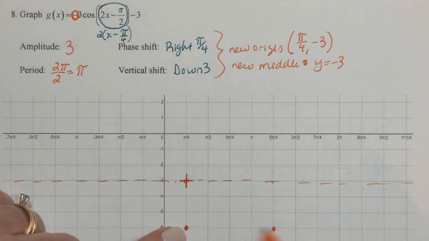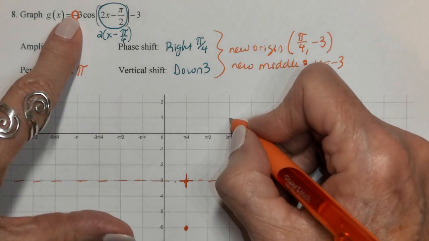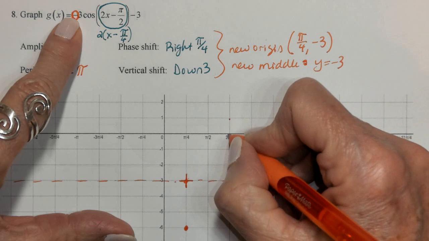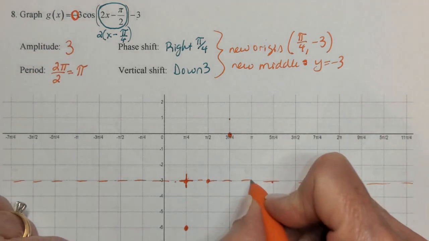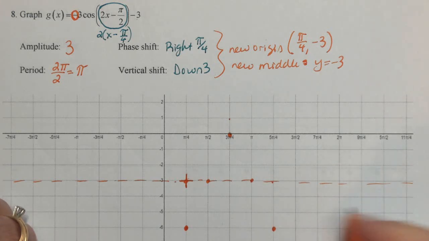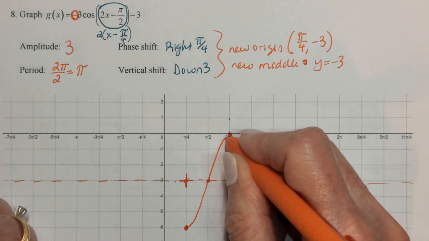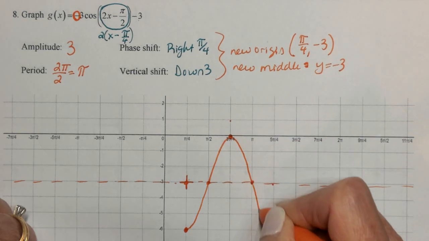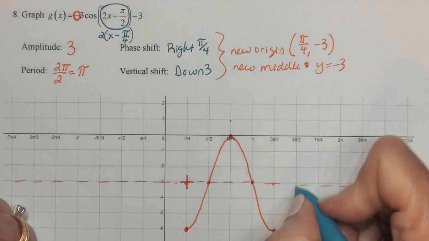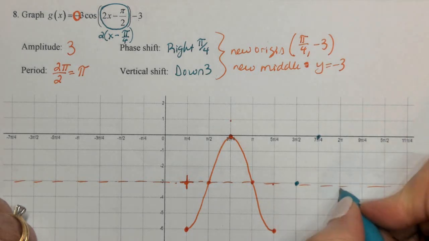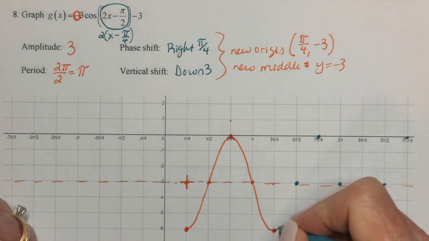It's cosine, so halfway across my period, I'm up at my maximum in this case. So up 3. And then halfway between those, I'm at 0. So 1 period looks like that. And then we can continue that pattern to get the rest of this graph.